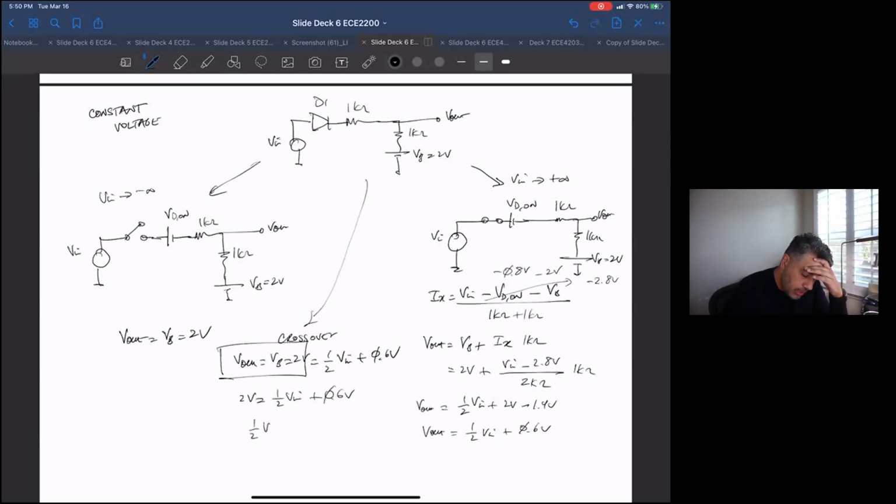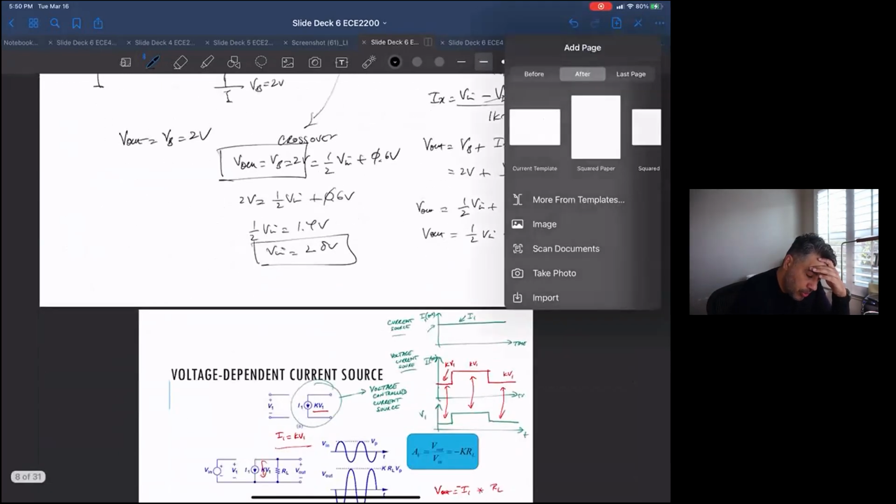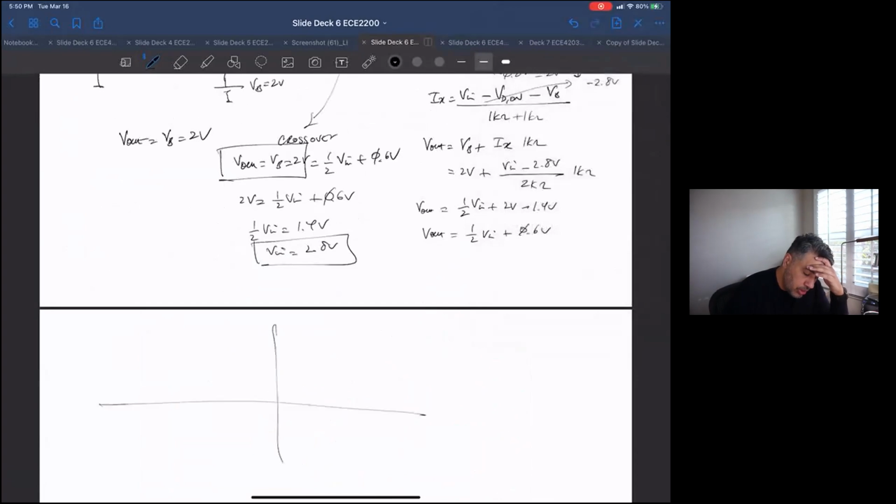Half Vn is 1.4 volts, and Vn is 2.8 volts. So our crossover point just moved to 2.8 volts for Vn, but the V out crossover point stayed at 2 volts. Everywhere below, V out is 2 volts, and everywhere above, V out has a slope of 1/2 with Vn.